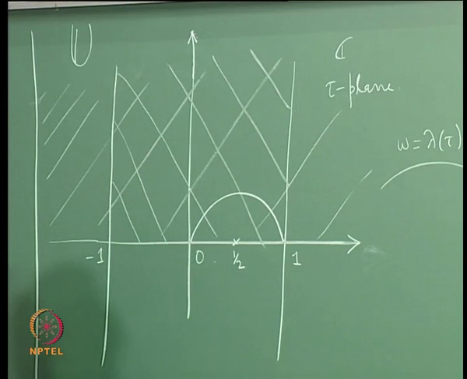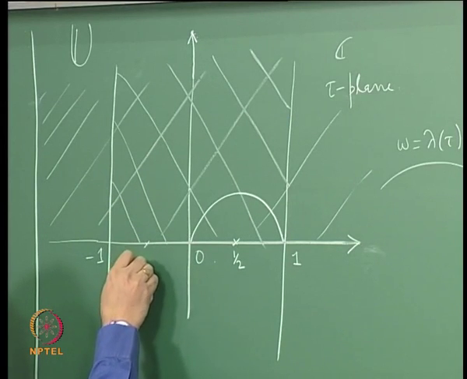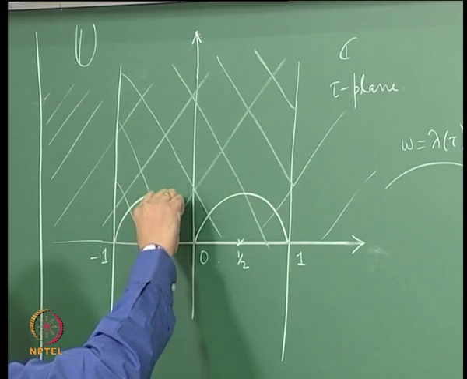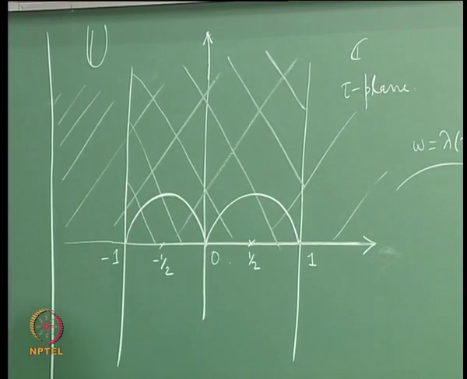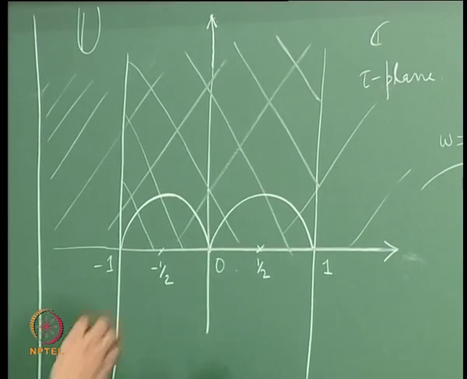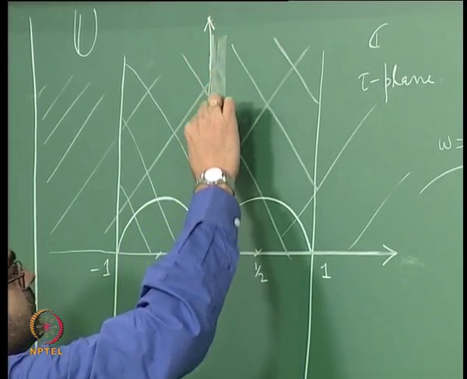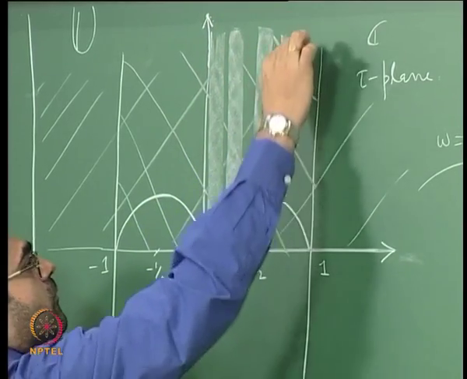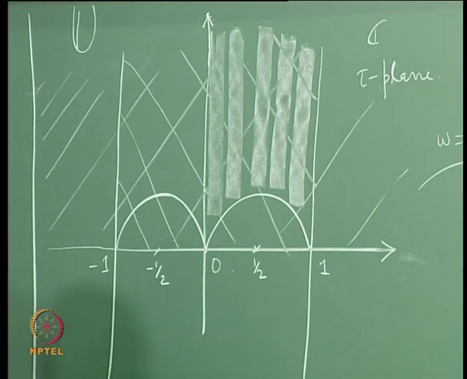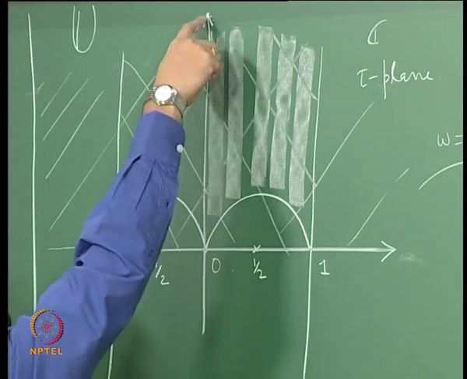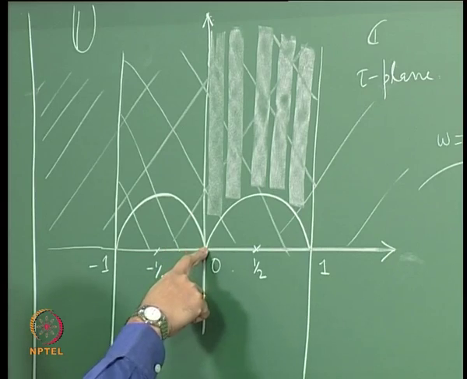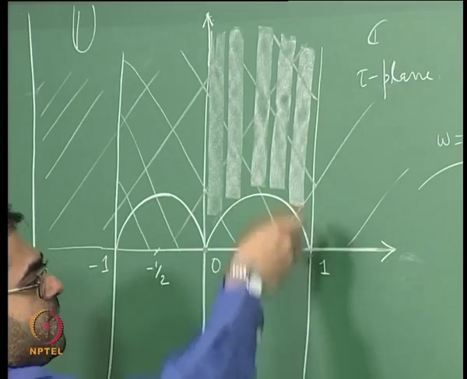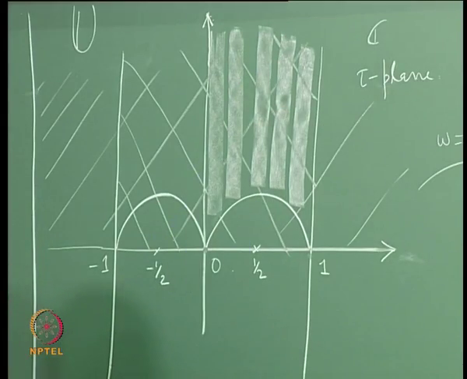Similarly, I can draw a circle centered at minus half, again with radius half. Let me look at this region that is bounded by the imaginary axis, by this circle, and by this line, which is real part of tau equal to 1.